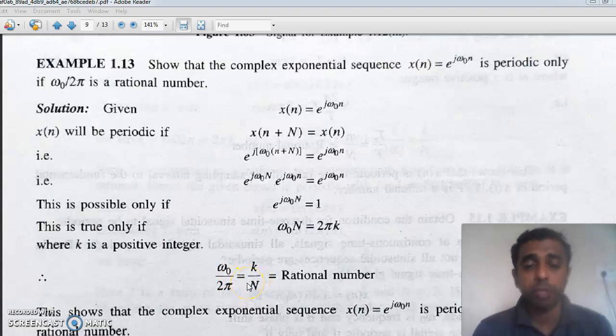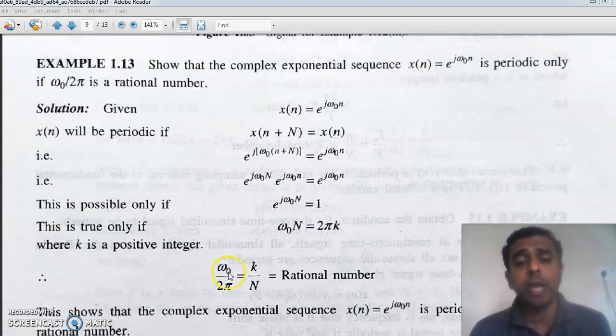So when you substitute a value for omega naught, if this omega naught is not a multiple of pi, keep this in mind, then that pi and pi do not get cancelled. That means this pi remains, which means this ratio is never a rational number. So if omega naught is not a multiple of pi, then the corresponding discrete time signal is aperiodic.